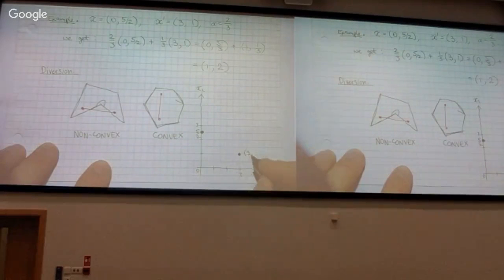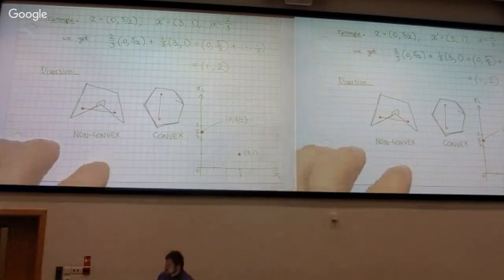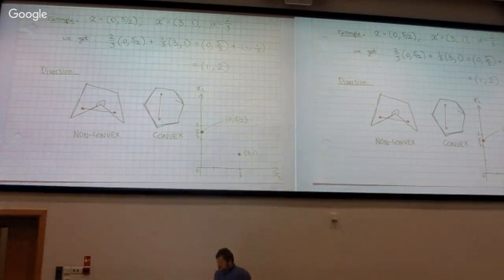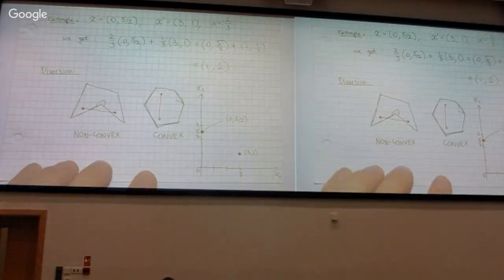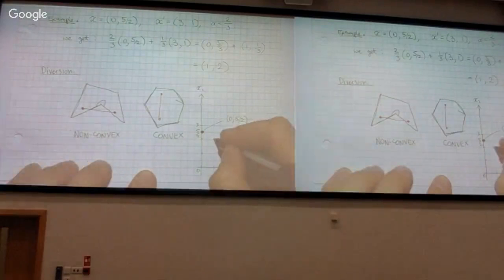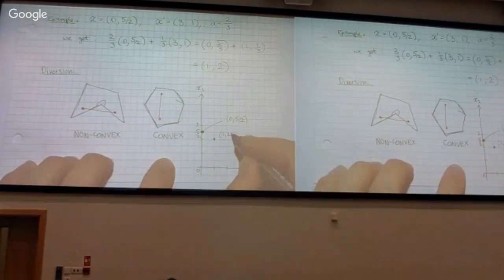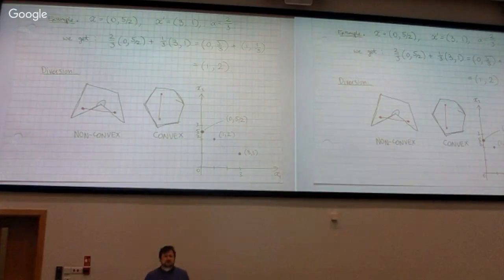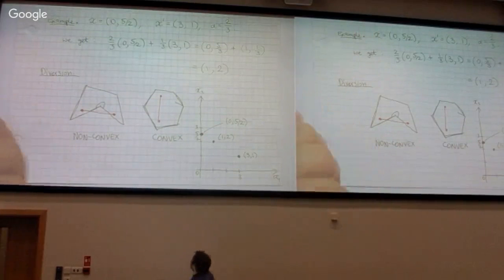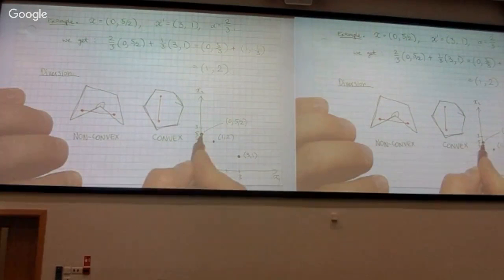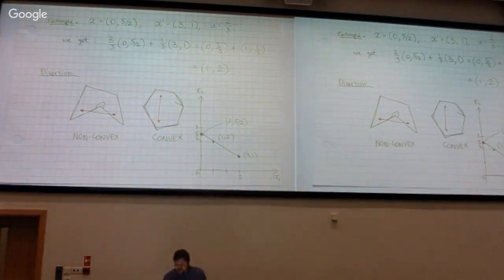This one here is 0, 5 over 2. Where's 1, 2? So 1, 2 is here. And it's not a coincidence that 1, 2 lies on the line segment.